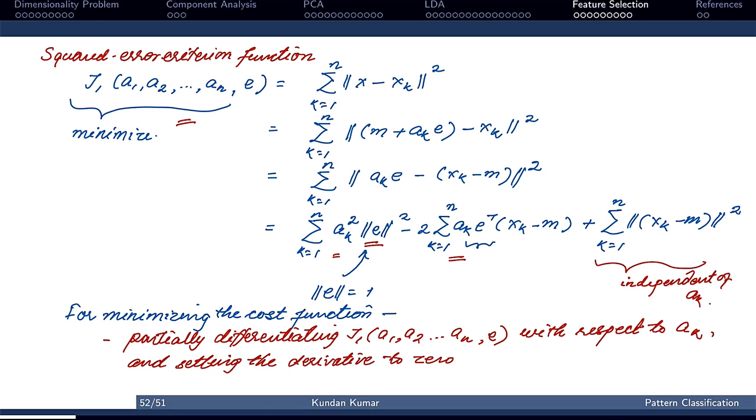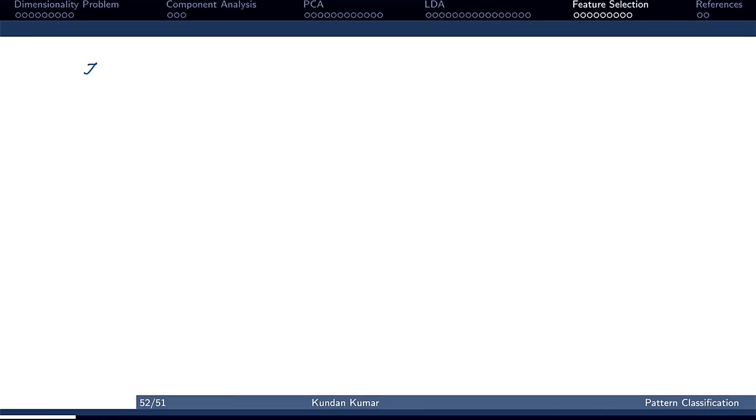So we can write the partial derivative of J1 with respect to ak. So what will be the term? It will be summation, twice ak, the first term.